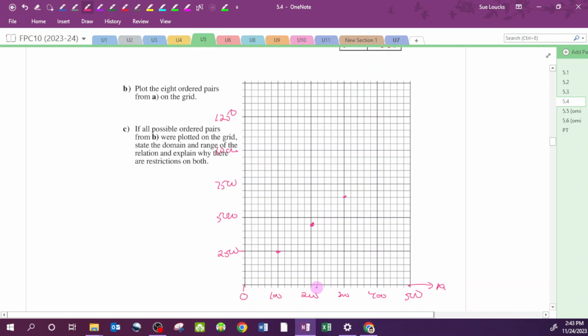My 250 is halfway between, so it's going to be right there. And then 400 people is at $8,500, and this one is halfway between. This is right here, and this one is here. Okay, so there's my dots graphed.